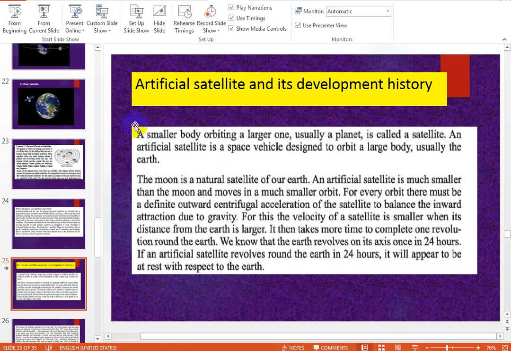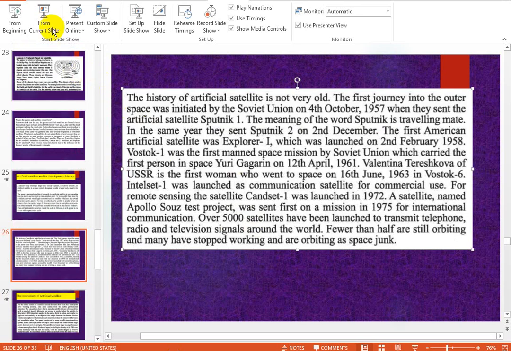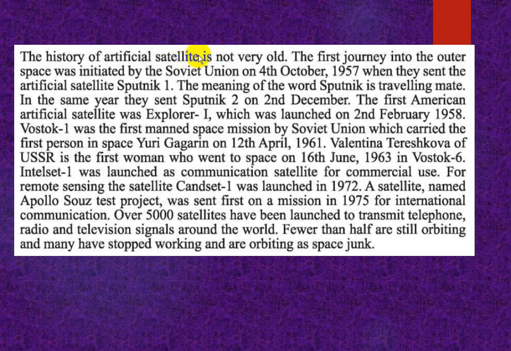Okay, artificial satellite. The next thing is the history of artificial satellites, which is not very old. The first journey into outer space was initiated by the Soviet Union, former Russia, present Russia. The first satellite was launched by the Soviet Union on 4th October 1957.